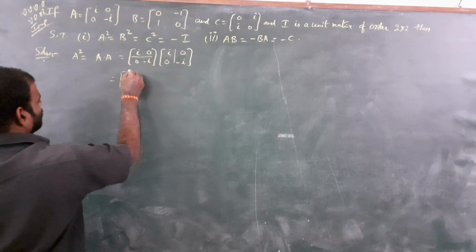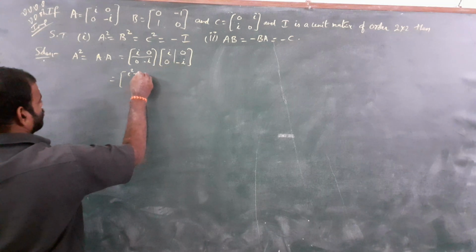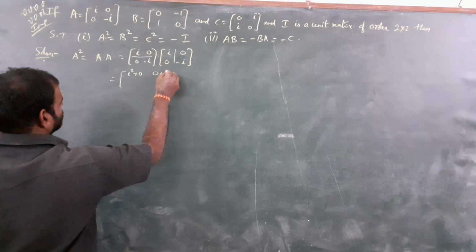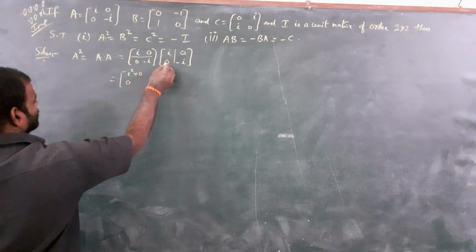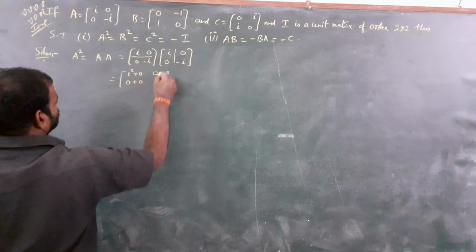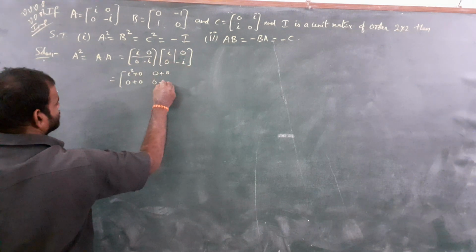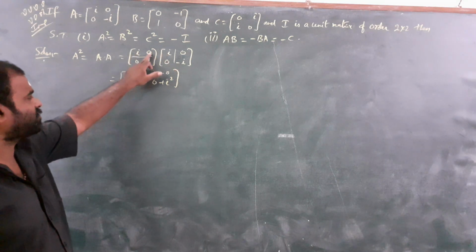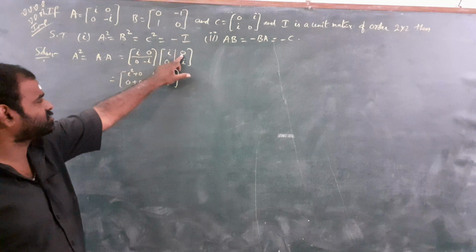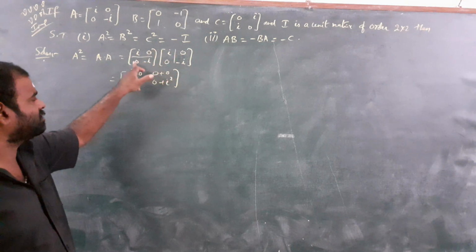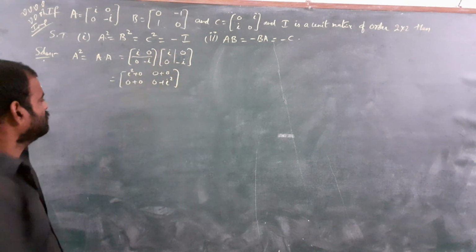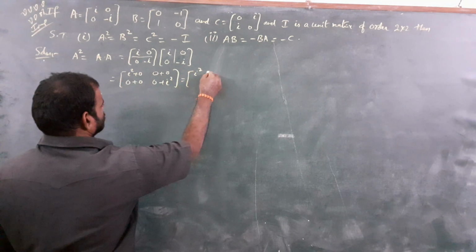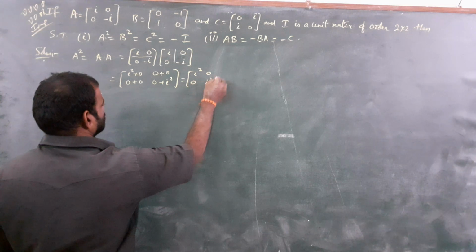I into I square plus 0 into 0, 0, and I into 0, 0 into minus I, 0. Same in the second row also. So it becomes I square, 0, 0, I square.